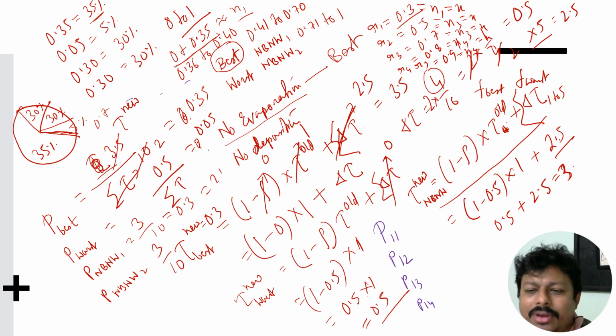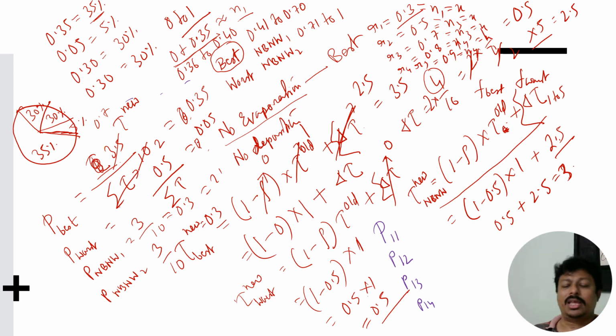And then again you find the new tau value for the best path, for the worst path, and for the not best, not worst paths. So in short, this is what we call ant colony optimization. Ultimately what will happen? All the 5 ants will generate the same value for the function. What does that mean?